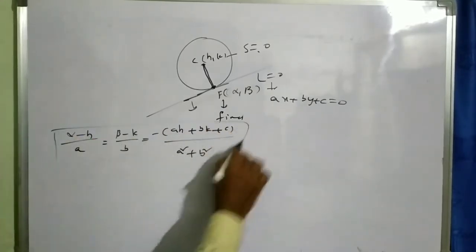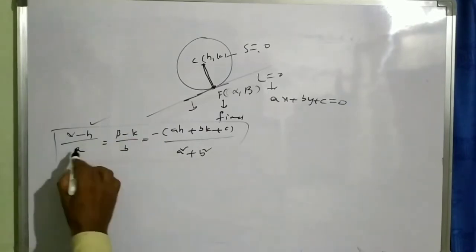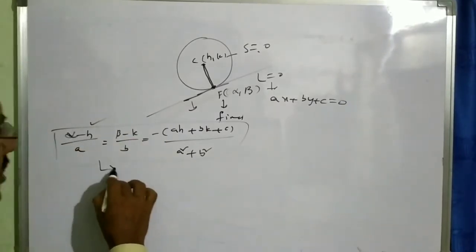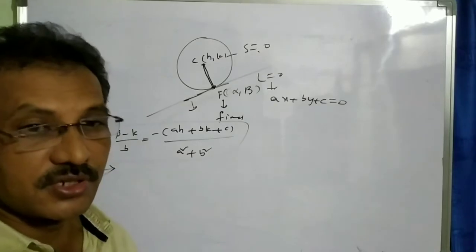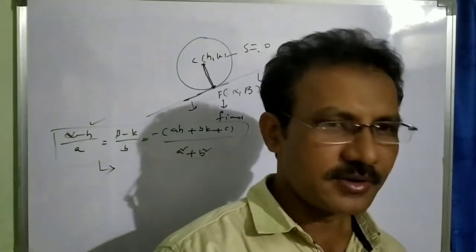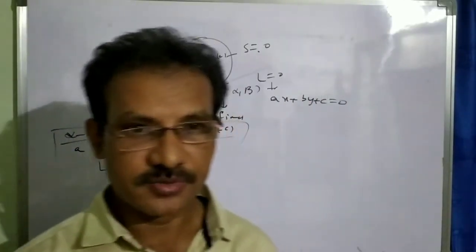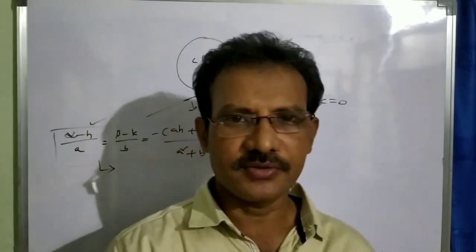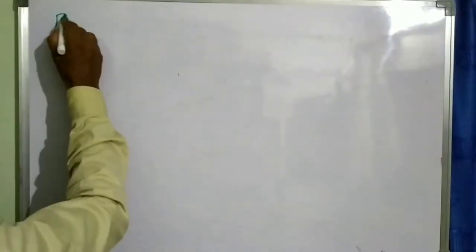Using this formula you can find alpha, beta. Okay, so that is the way of finding the foot of the normal, that is the point of contact of the tangent with the circle.